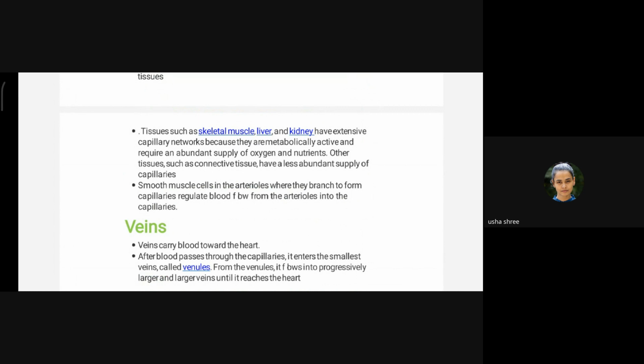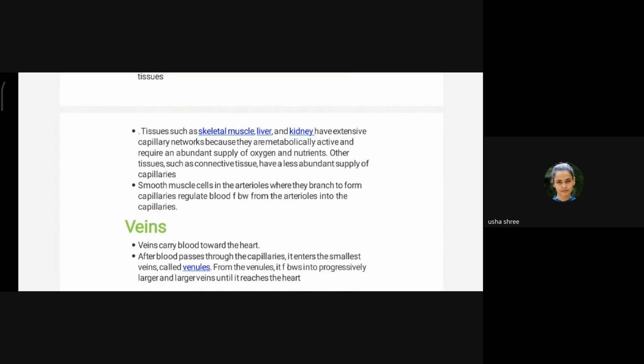That is why they have extensive capillary networks, because they are always metabolically active.